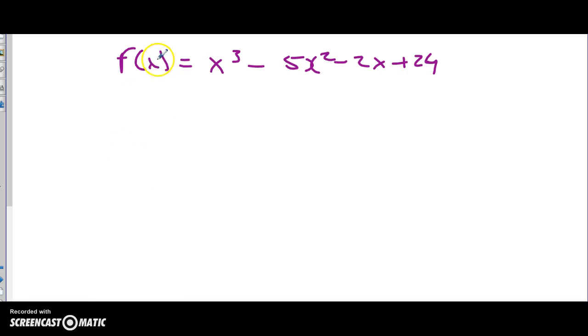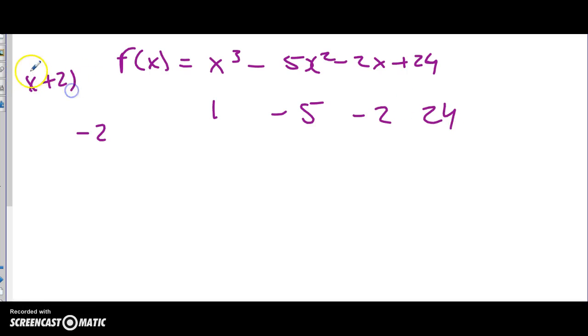So that means one of my solutions is when x is minus 2. So I'm going to divide now. I'll go synthetically. I'll divide f at x by minus 2. So here we go. Again, x plus 2 is a factor. A solution then, change the sign, or a 0 is at minus 2, or a root is at minus 2.